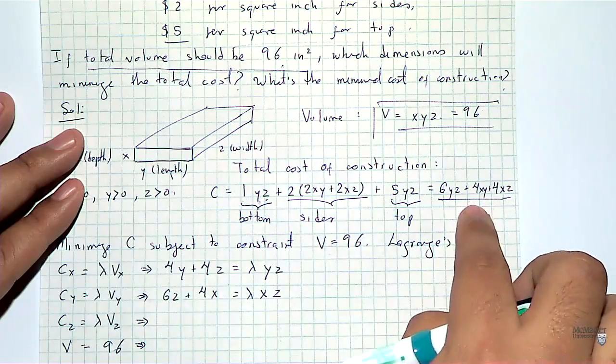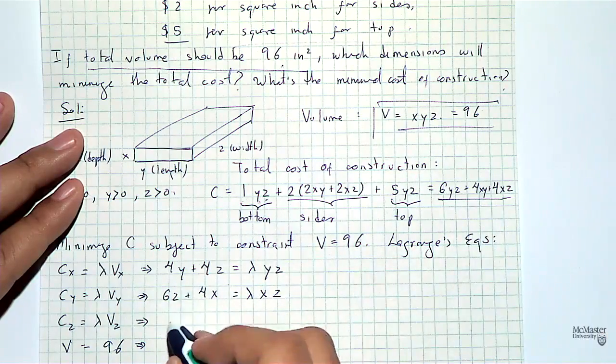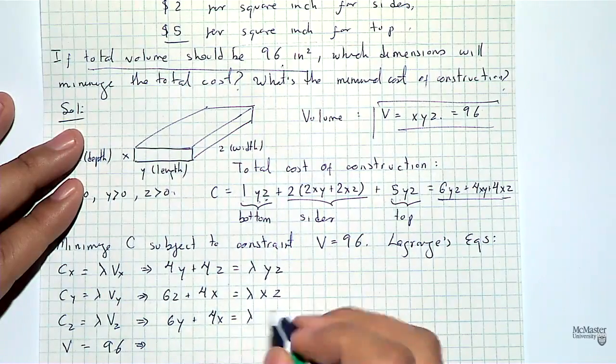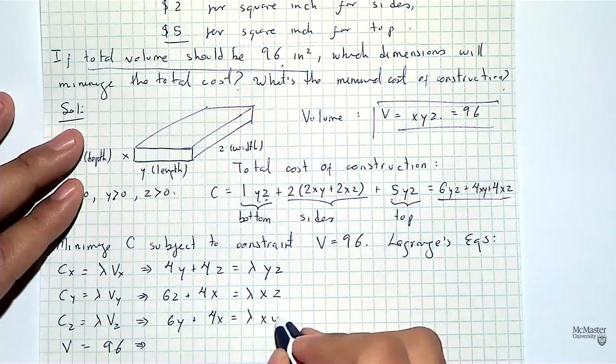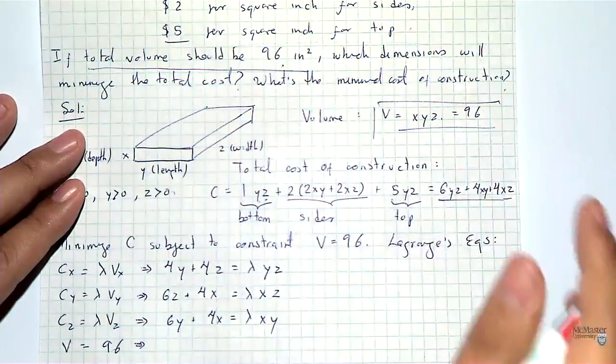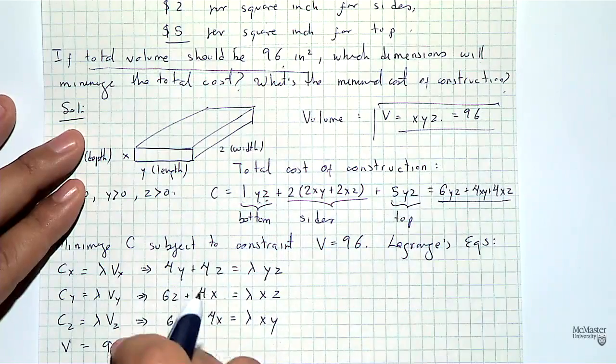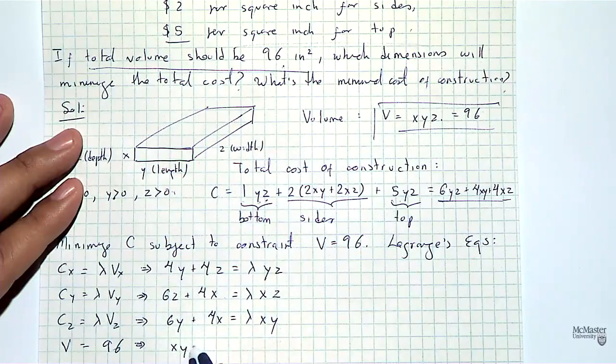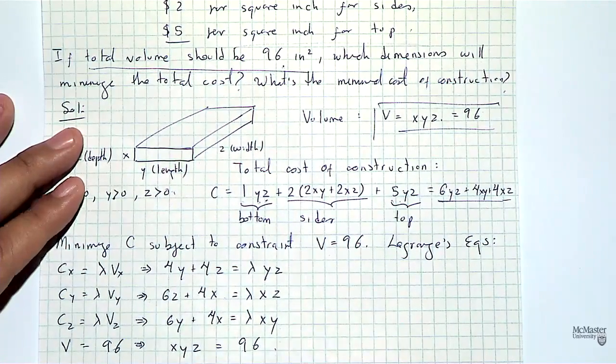Then the partial derivative with respect to z: 6y plus 4x equal to lambda xy. The product is nice enough that you just make it disappear and you have the function. And then the constraint is xyz equal to 96.